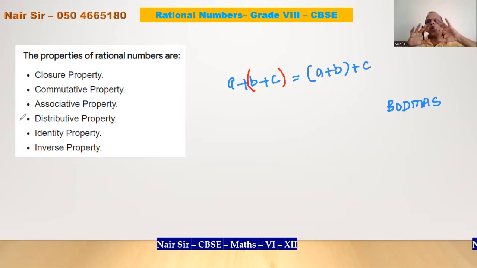If there are 2 or 3 or 4 numbers, whatever the number it can be, a whole number, a natural number, an integer, a rational number, you have to follow the BODMAS rule. And with this BODMAS rule, what are you going to do? You're going to solve the first bracket and then the second step. And this is what you're going to study.